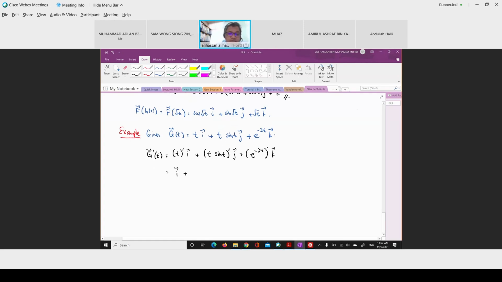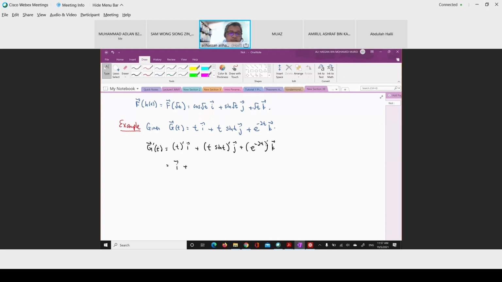Okay, what is the derivative of t sine t? We use the product rule. Remember the product rule for derivative? It is u prime v plus u v prime. So that gives sine t plus t cosine t.